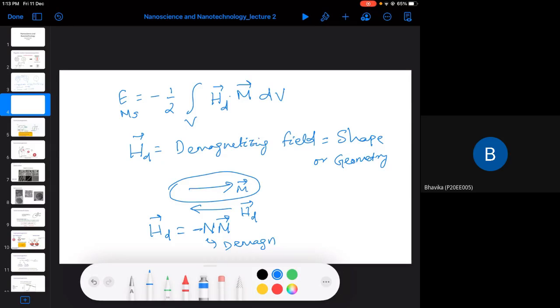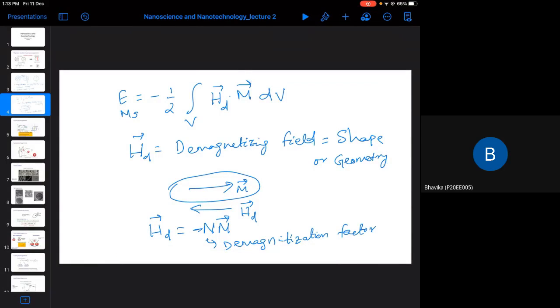It will always be opposite to your magnetization direction, and this will always be there for any ferromagnetic body. If you take any ferromagnetic body with a magnetization M, it can be in rectangular, cylindrical or spherical form, doesn't matter, you will always have this demagnetizing field.